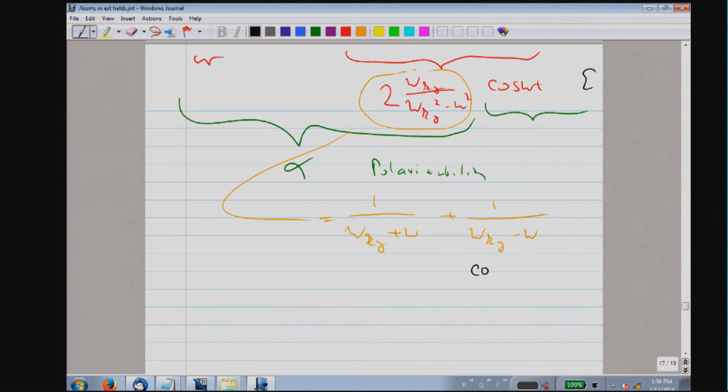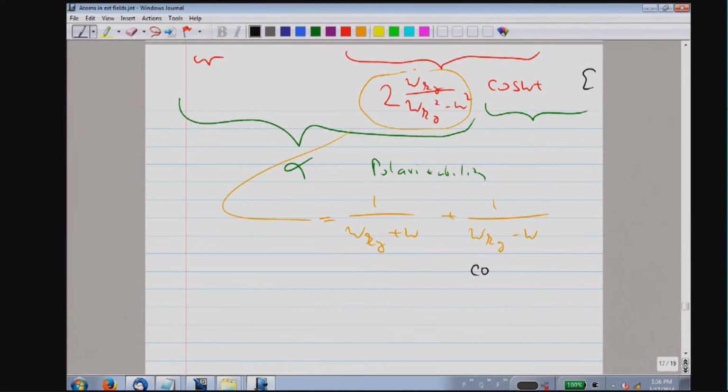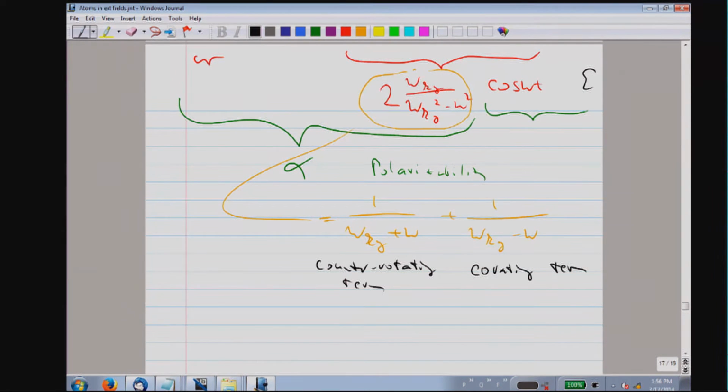And from our discussion about rotating frames, near resonant excitation always corresponds to a co-rotating term, and the other one corresponds to a counter-rotating term. We've not assumed any rotating fields here, but we find those terms with the same mathematical signature.